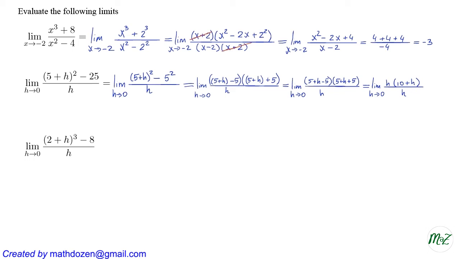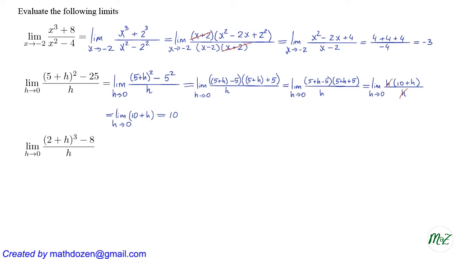Okay, and now we have h as a factor in numerator, so we get to cancel it with h in denominator, and we're left with the limit as h approaches 0 of expression 10 plus h, and that gives us 10 without any trouble. So the answer to second limit will be positive 10.